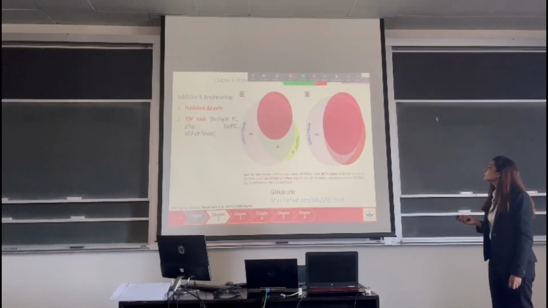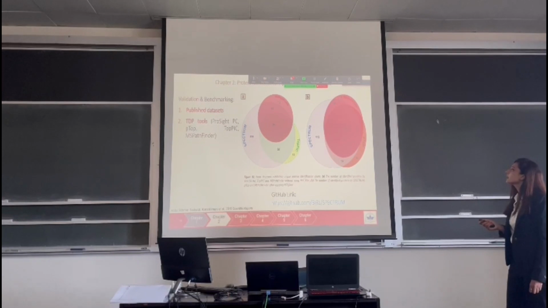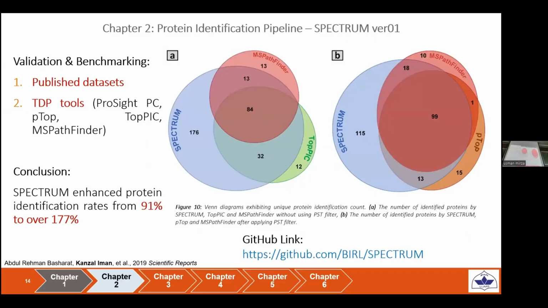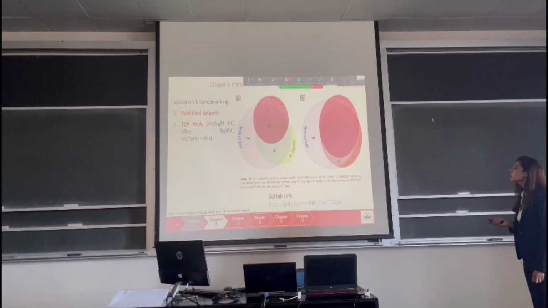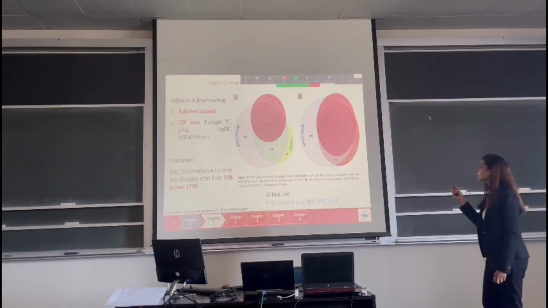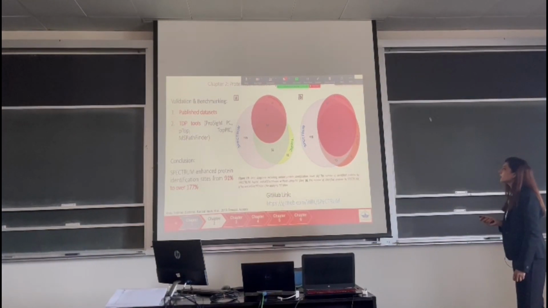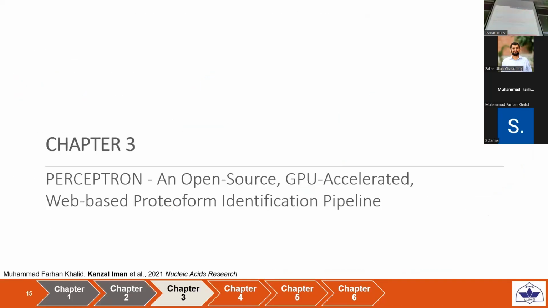So Spectrum has, as this Venn diagram explains, the search results for Spectrum. Spectrum has identified about 91% to 177% more proteins in comparison to the contemporary tools which are available. Spectrum is available for download at the GitHub link. It is an open source, open architecture toolbox which is available for use within the Proteomics community.